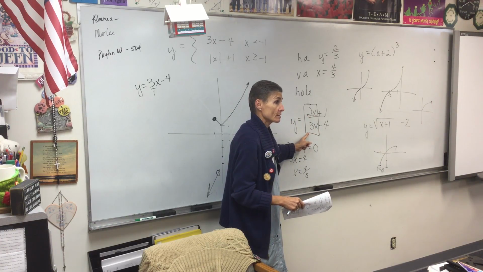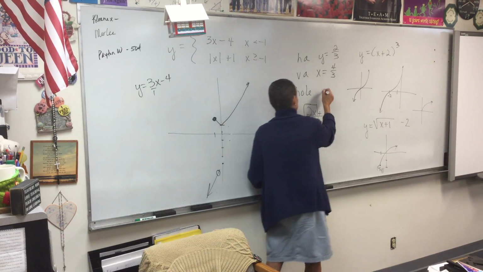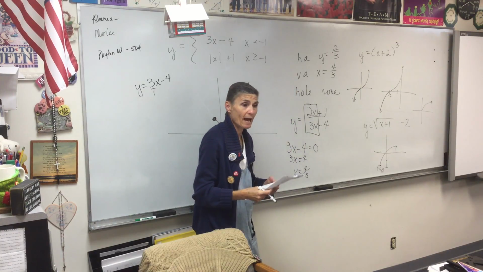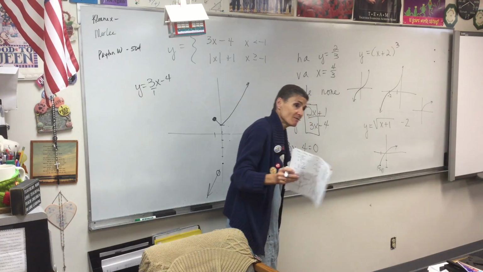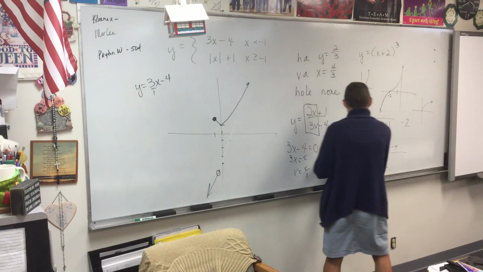Y equals 2/3. How about holes in this problem? You don't have one, because the only way you can have a hole is if what happens? You factor and cancel. Nothing factors, nothing cancels. No holes. All right, B.